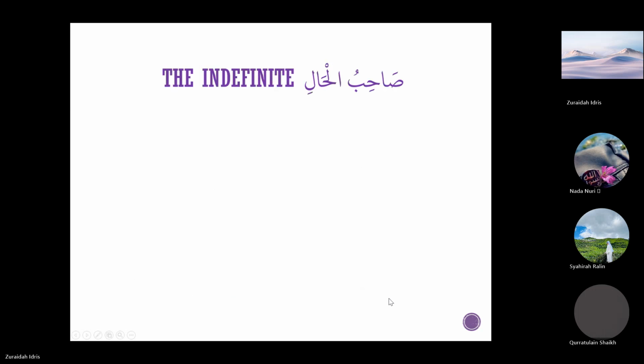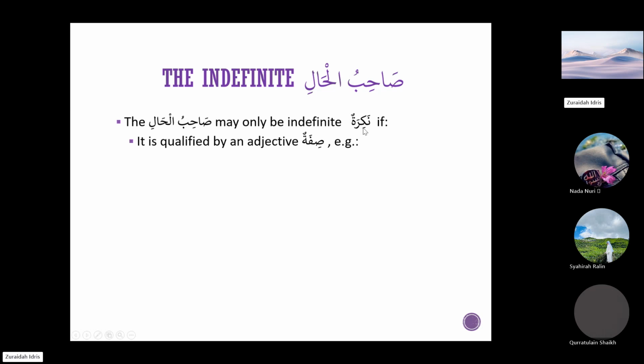So remember we said that the sahibul hal is always definite. Okay, now what happens in this case? It's not really indefinite, okay? Because when we say it's always definite, in a way the rule is right. But what happens is this can happen: we say something like this may only be indefinite, nakira, if it's qualified by an adjective, a sifa.